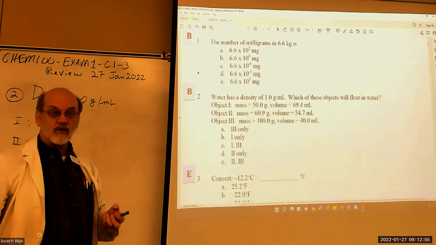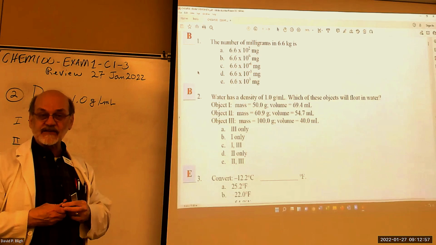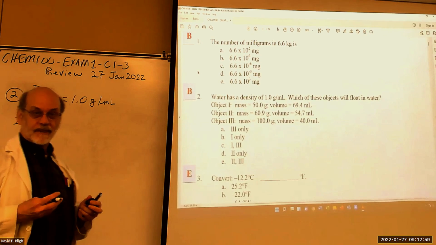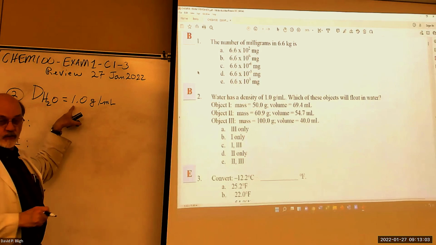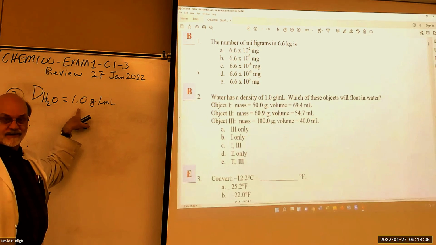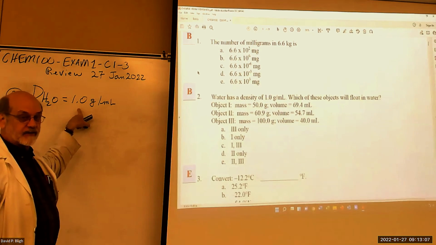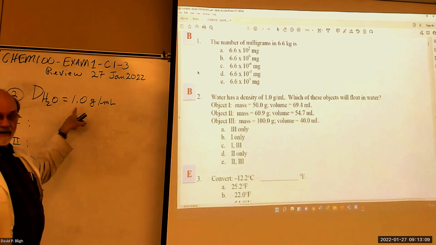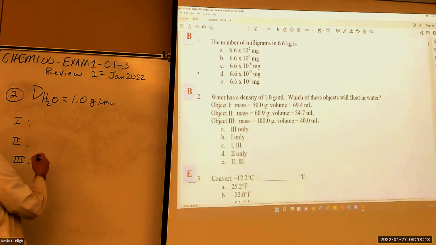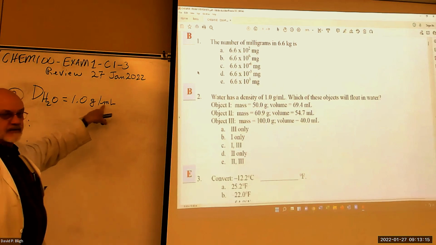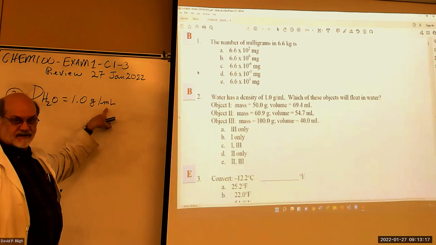The answer is no. We only need to estimate. Right? We only need to know, is it equal to 1, less than 1, or greater than 1? We don't have to pull out our calculator for every calculation. To answer the question here, all we need to know is, how do we calculate density? It's mass per volume. Right?